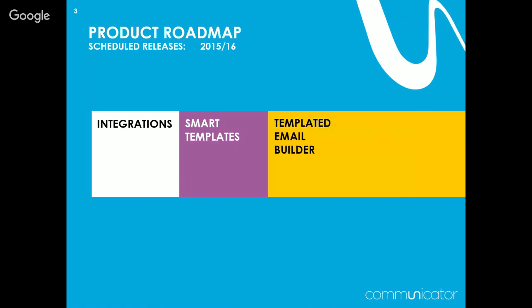And then the next release we'll have after that is the templated email builder. That's the tool within Communicator where you would take a template and populate the placeholders to make it into an email. So we'll be refreshing the UI for that, and that will be the third release from now.